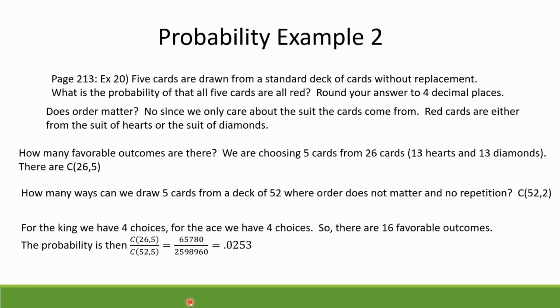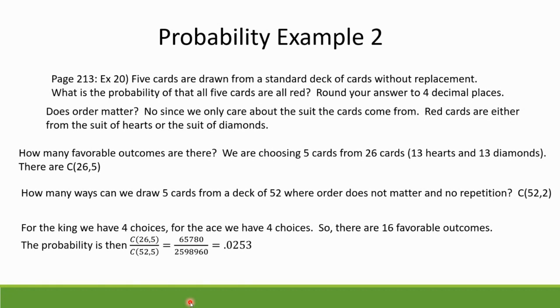Well, so there's no repetition, but does order matter? Well, no, right? From the problem, all we care about is whether the 5 cards we draw are red cards. Now, to be red, what does that mean? That means it's either from the suit of hearts or from the suit of diamonds. That's what red cards are.